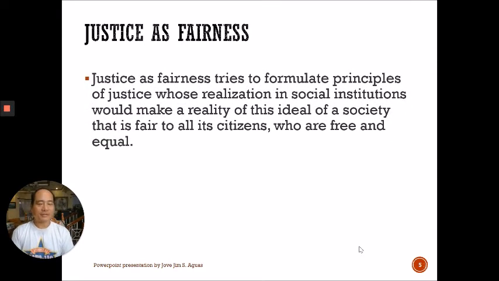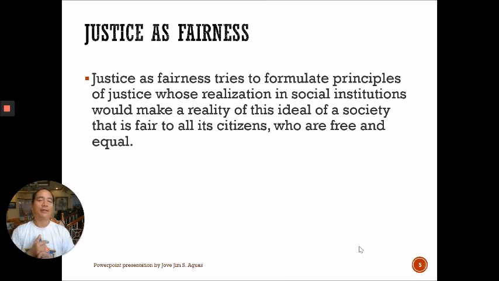Justice as fairness tries to formulate principles of justice, whose realization, meaning when it is realized in the social institutions, would make a reality of this ideal of a society that is fair to all its citizens who are free and equal. So there are many elements involved here.